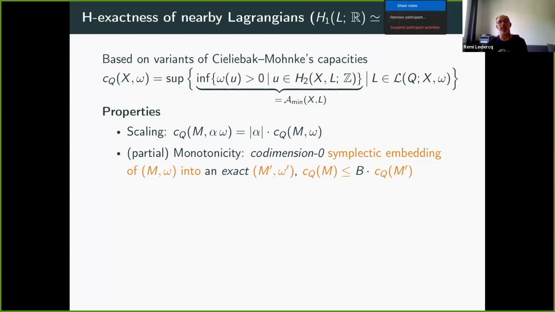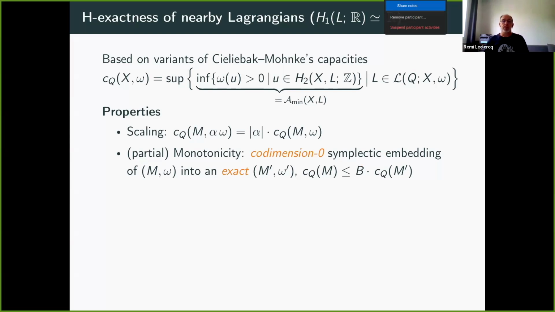So the first thing is we don't have the capacity of M smaller than the capacity of M prime; it is going to be smaller than B, and B is some integer times CQ of M prime, but this is absolutely not a problem because B only depends on the torsion part of H1 of M with the coefficients. So somehow in our proof, you will see, since we do this for cotangent bundles of different sizes of one fixed Lagrangian, this is fixed and we don't care, so that's perfectly fine.